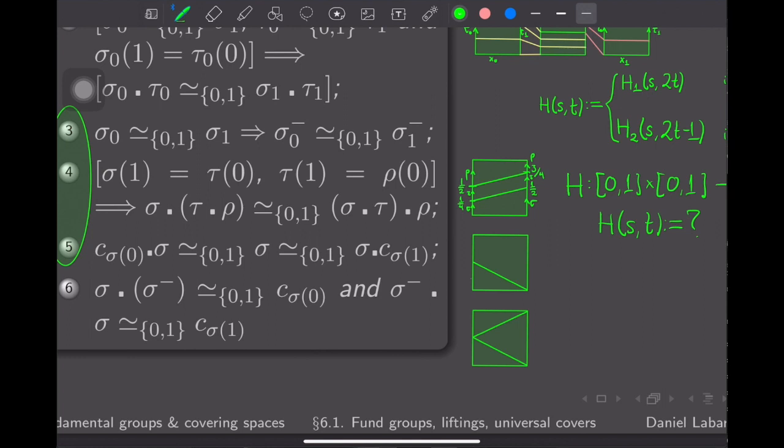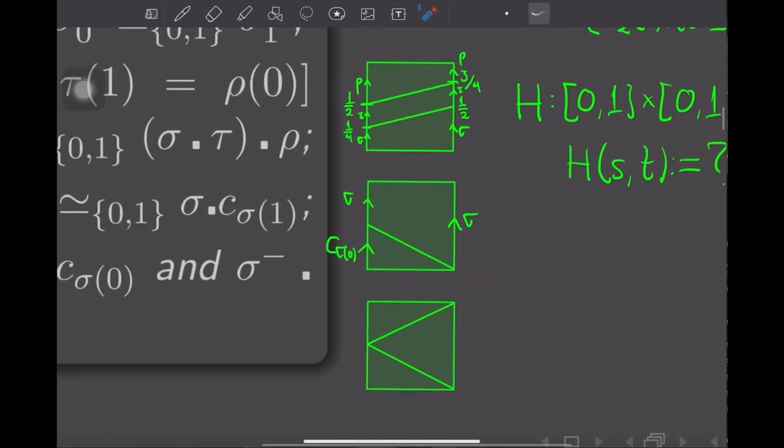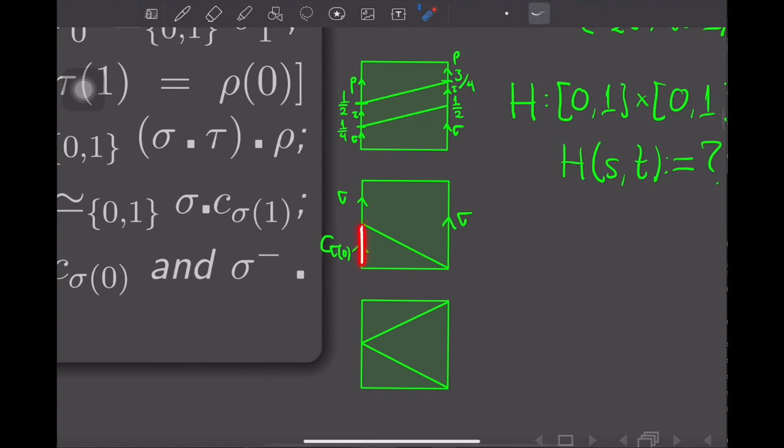I want to start here with this constant curve at sigma naught, and here sigma, and I want to end up only with sigma. At the beginning, all this first half I remain parked at sigma of 0, the starting point of sigma, and then I traverse with sigma.